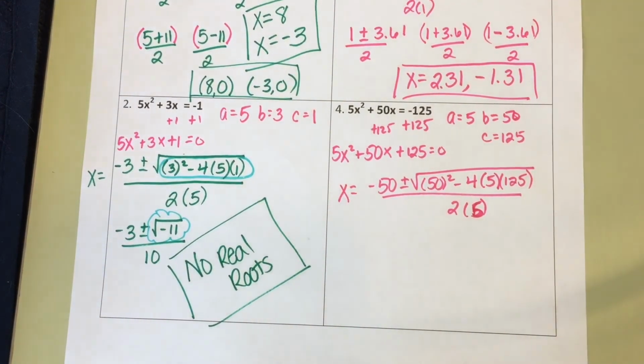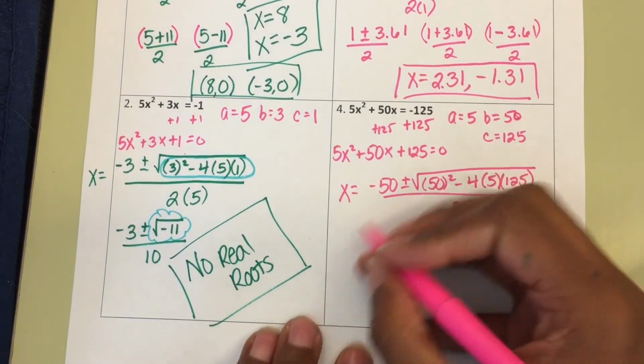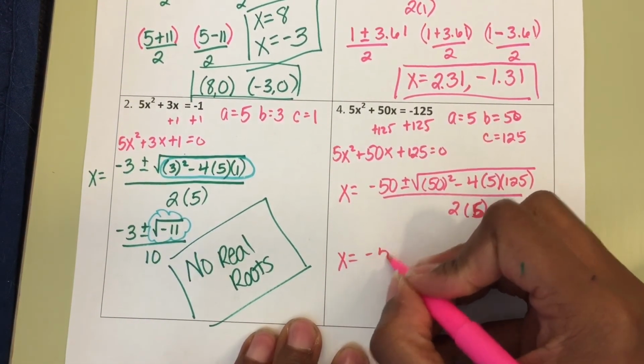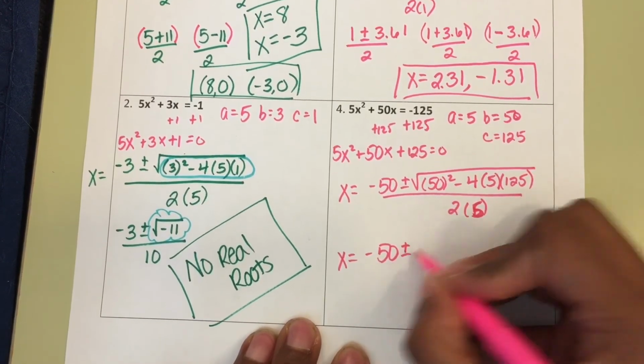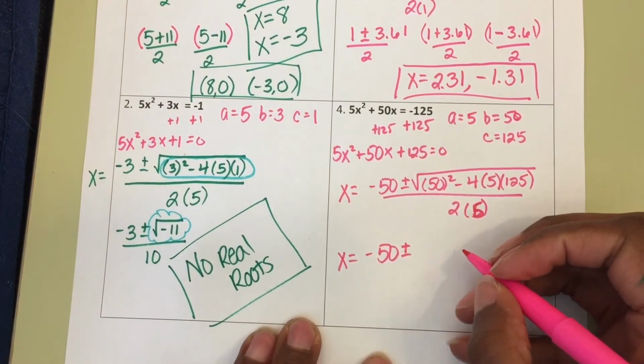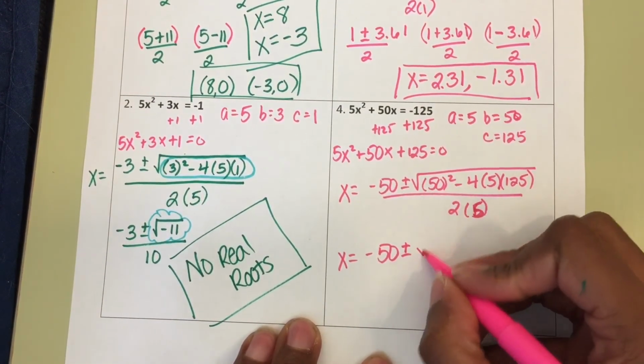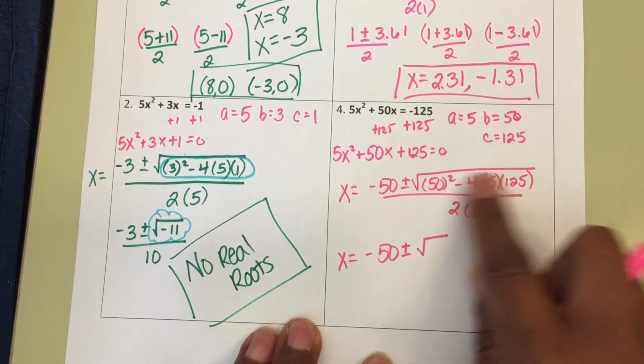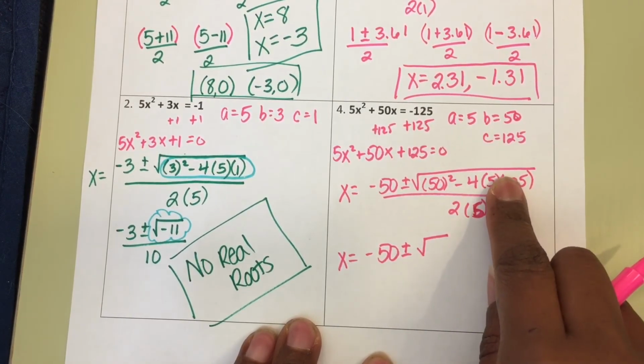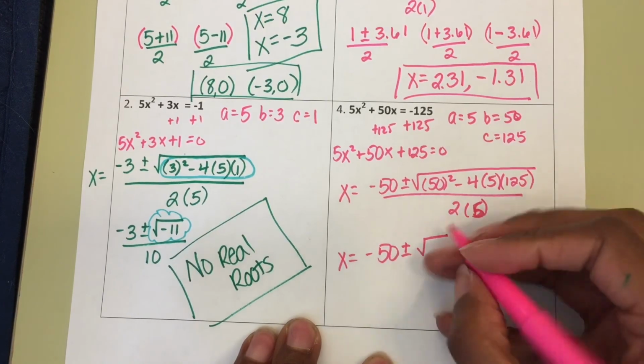Again, your choice. You can work the whole thing out, or we can do it slowly. It does not matter to me which way you do it, but just make sure you try that part. And then we will get x equals negative 50 plus or minus. If you do it slowly, the discriminant is, if you just do the part underneath the square root and you did not type the square root in, you have to write the square root back down.